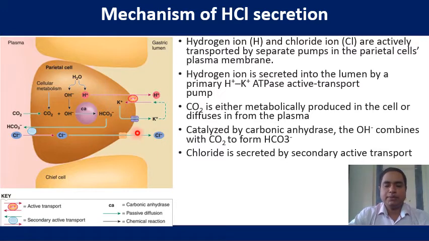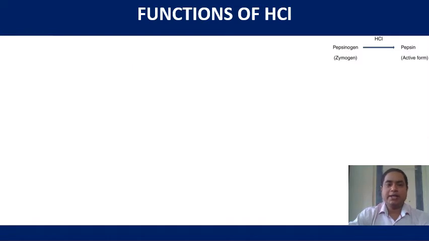through passive diffusion. So in the previous slide, we learned how HCl is produced from the parietal cells, also called oxyntic cells. So now we will investigate the function of HCl.